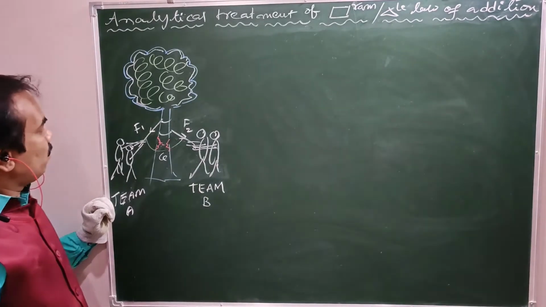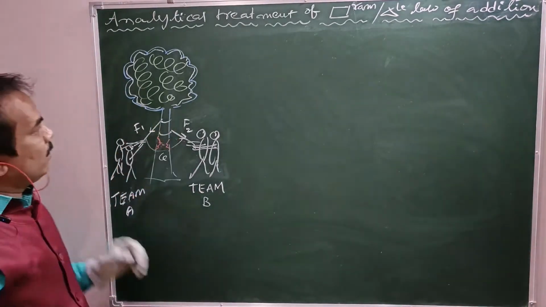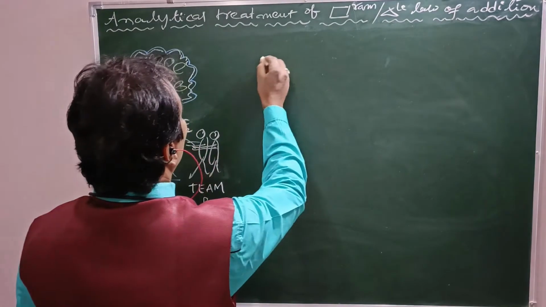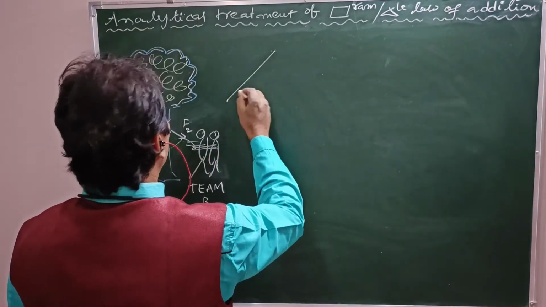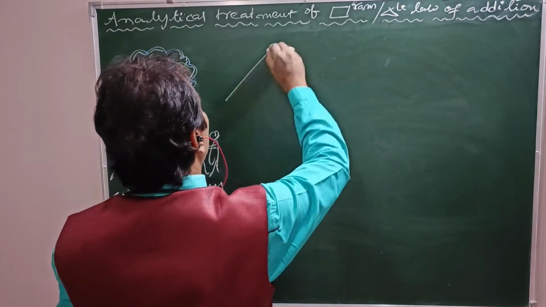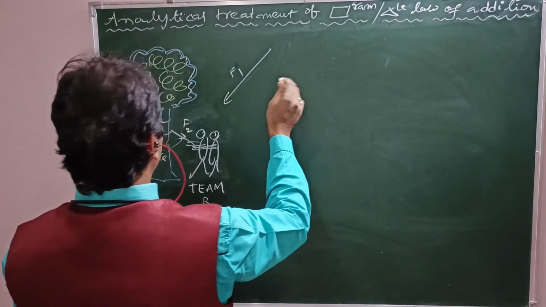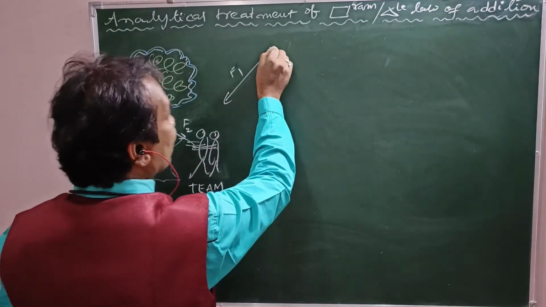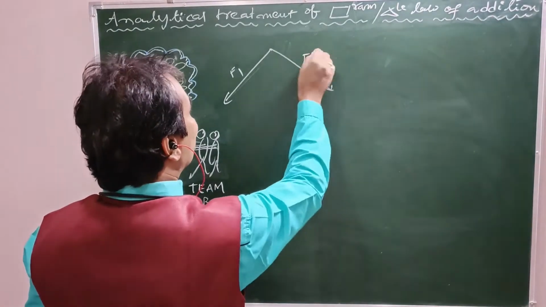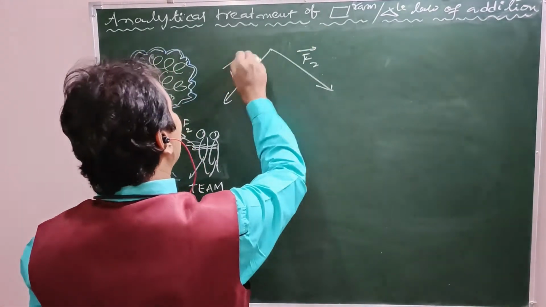Now, the same can be shown somewhere here. This is the force by team A, and this is the force by team B, F2. So F2 bar, here it is F1 bar.